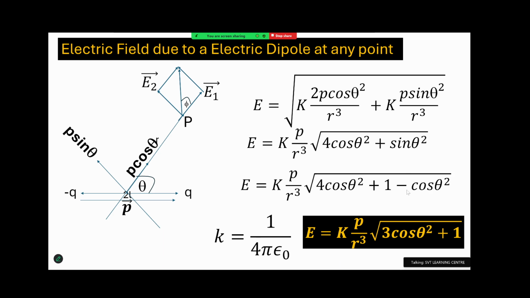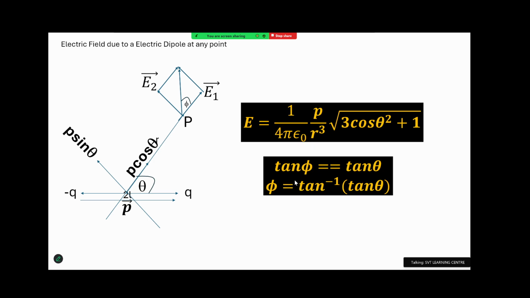Sin square is written as 1 minus cos square, and ultimately we get this value. Additionally, the angle psi is equal to tan inverse of (2 tan theta). Theta is the angle made by the line joining the center to the point, and psi is the angle the resultant E makes with E1 at point P.